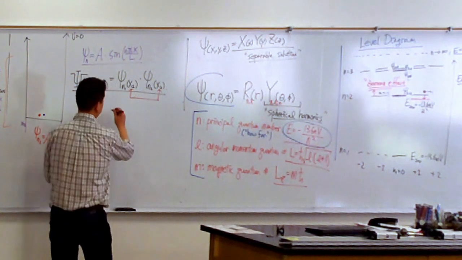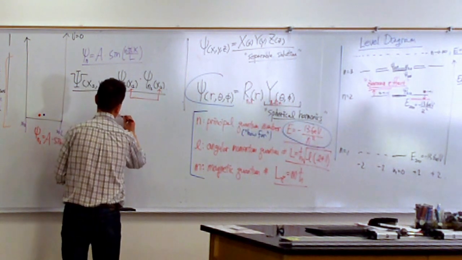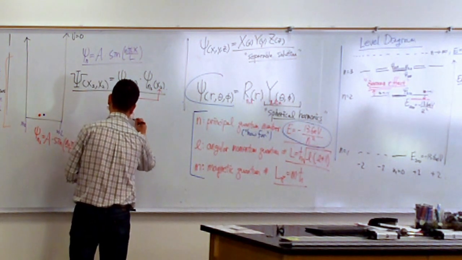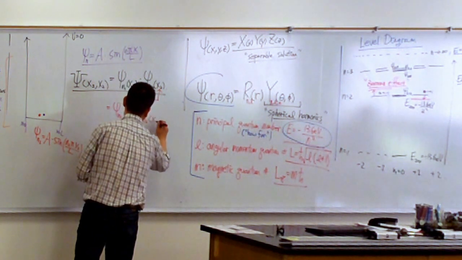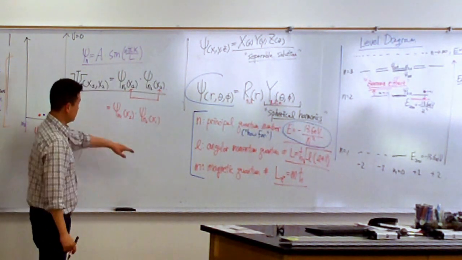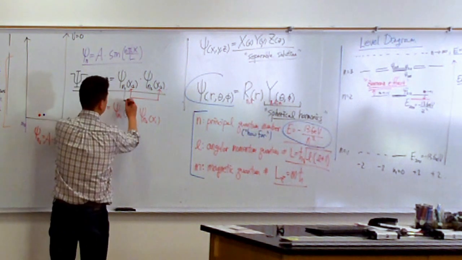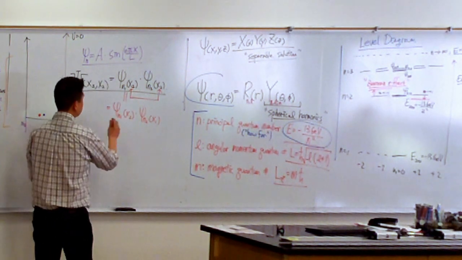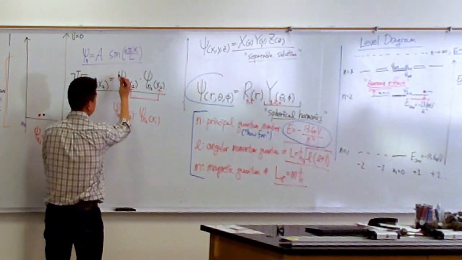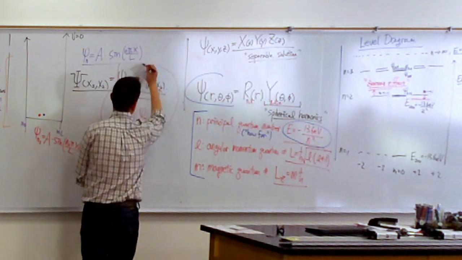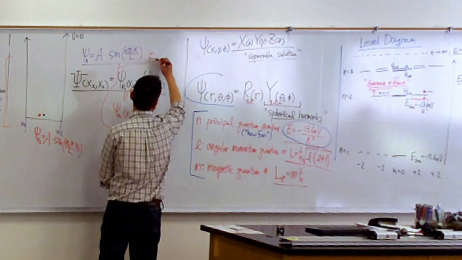So if I wrote psi n1 x2 times psi n2 x1, this has to be equal to this. So this is a condition that must be observed: exchange symmetry.